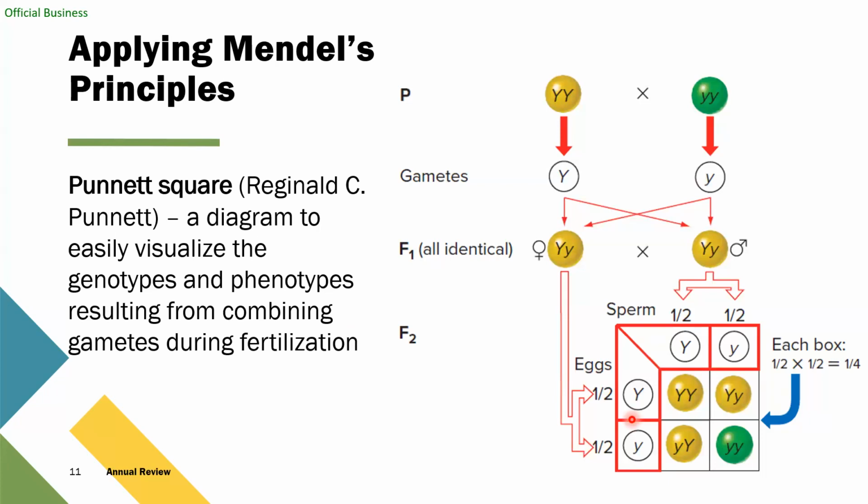So you have, for example, a homozygous dominant yellow and a homozygous recessive green pea. They form these gametes. The P is the original generation, F1 is the first generation of offspring from the P generation, and F2 is the second generation of offspring.